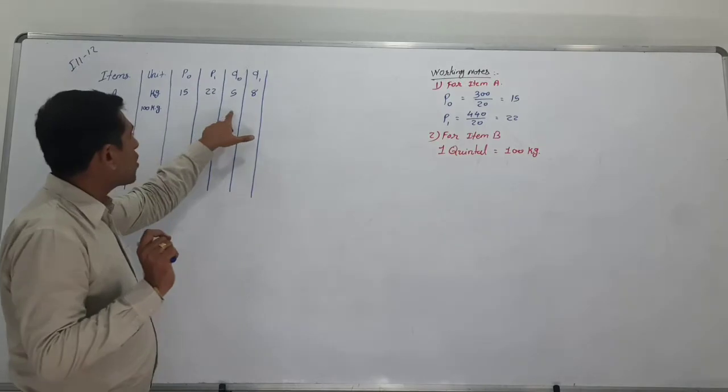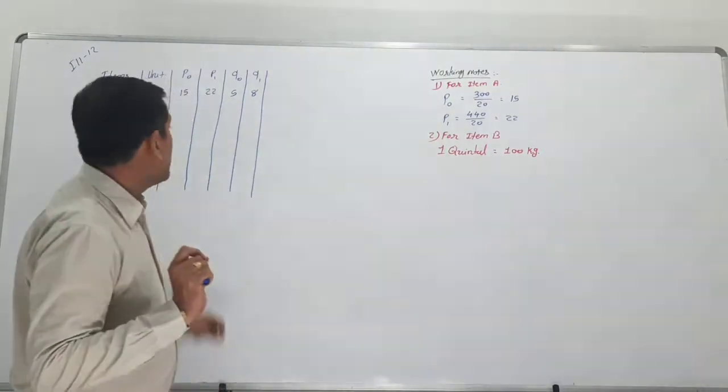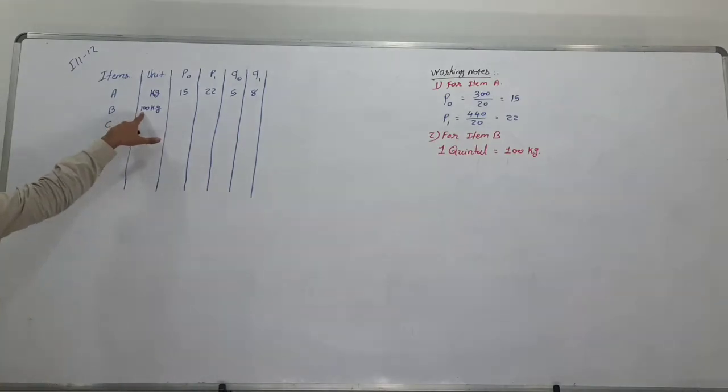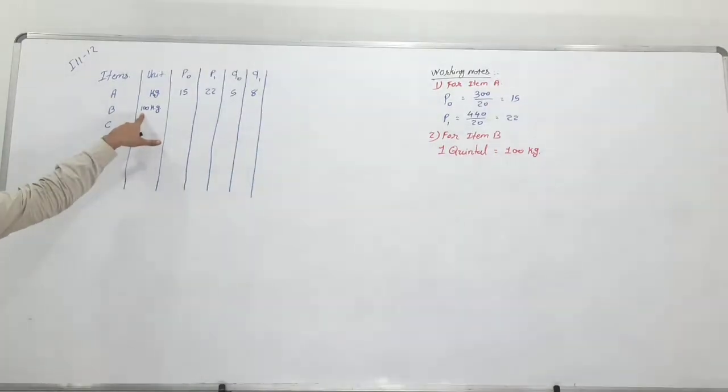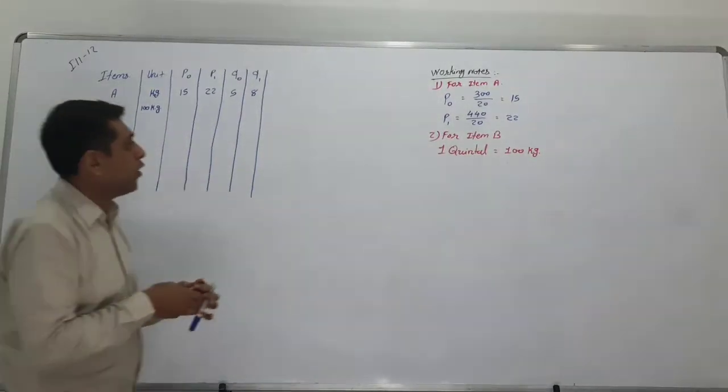Here kg, here quantity also the same, that is kg. But here 100, we have to remove this 100 with the price. Whenever any digit is given in the unit column, we cannot write it, we have to remove it by dividing with its price.